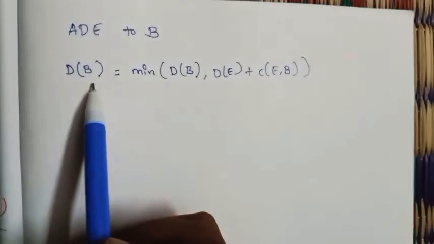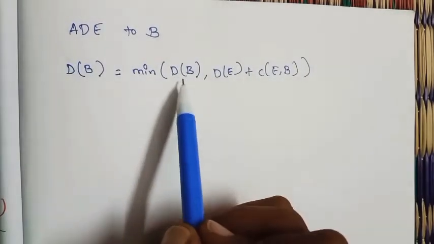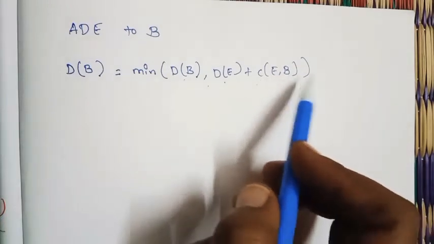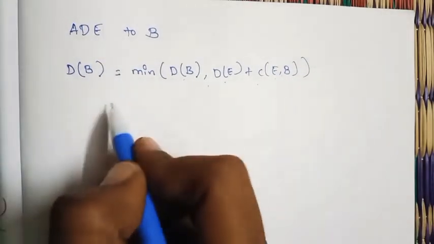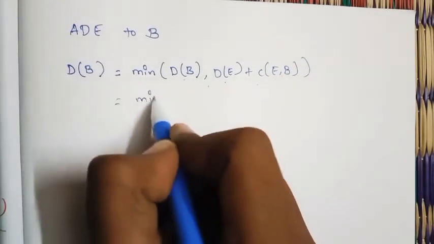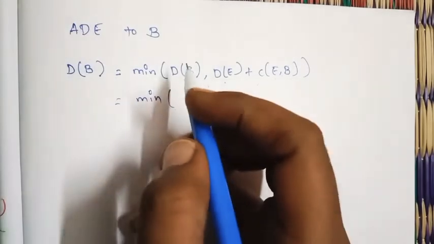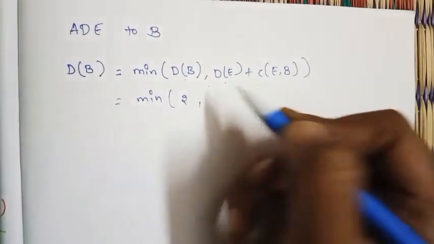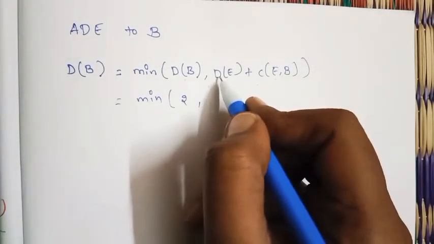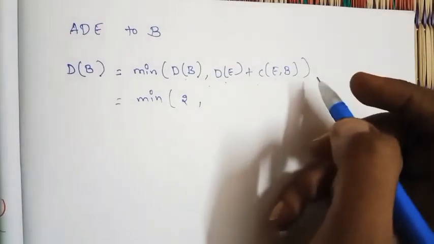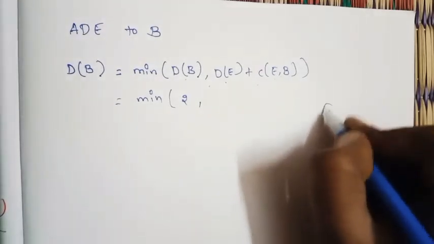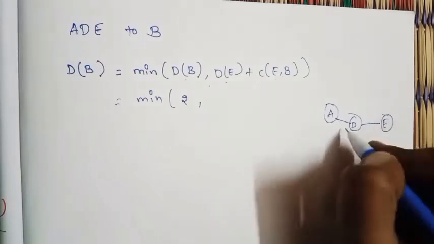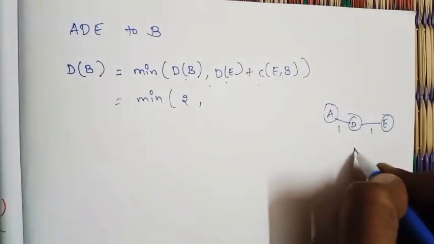D of B equals the minimum of D of B comma D of E plus C of E comma B. Here, what is D of B, guys? The cost of B is 2. And the cost of E, that means from A to D and to E, 1 plus 1, that is 2.